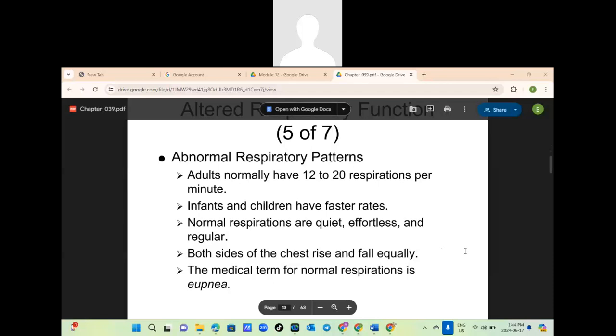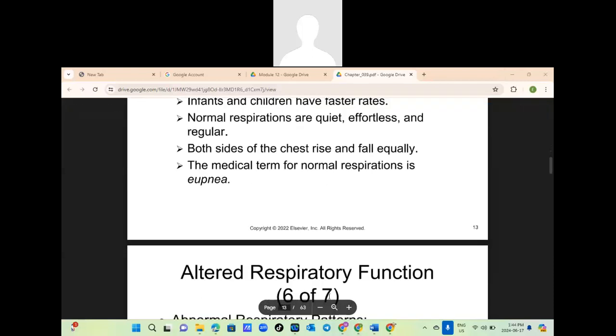Both sides of the chest rise and fall equally. The medical term for normal respiration is eupnea. Normal breathing, eupnea.